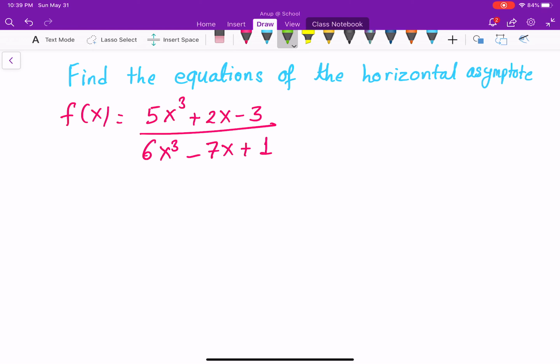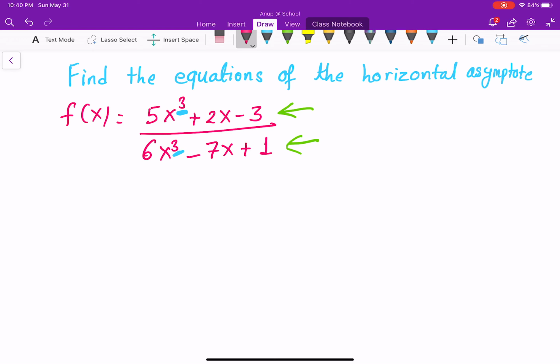As we have discussed earlier, we need to check the degree of the numerator polynomial and the degree of the denominator polynomial. We can clearly see that the degree of the numerator polynomial is 3, and the degree of the denominator polynomial is also 3. In that case they are the same, so the degree of the numerator polynomial is equal to the degree of the denominator.